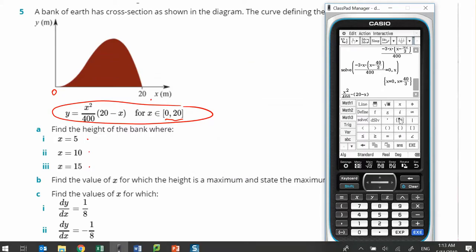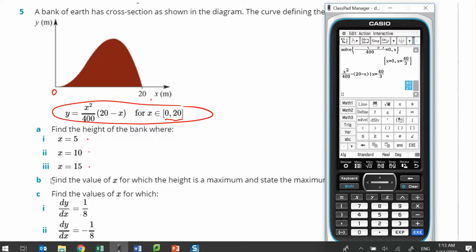So I'll go x equals 0, because the stationary points happen at 0 and 40/3. At 0, you get 0, so obviously that's not a maximum value. If I sub in 40/3, let's see what we get. Yep, we get a high value, 80/27. So 80/27 is the maximum height.